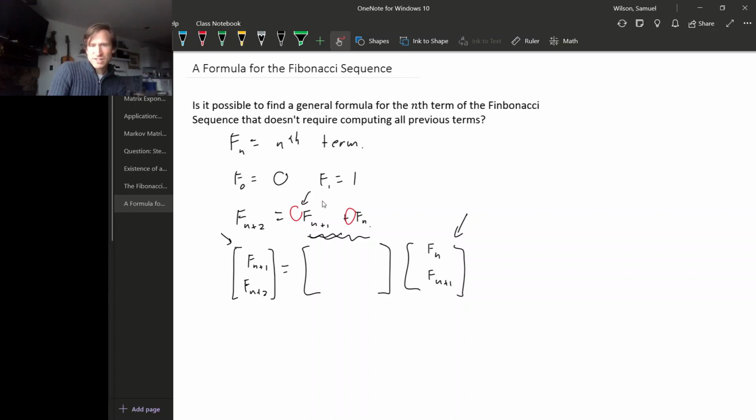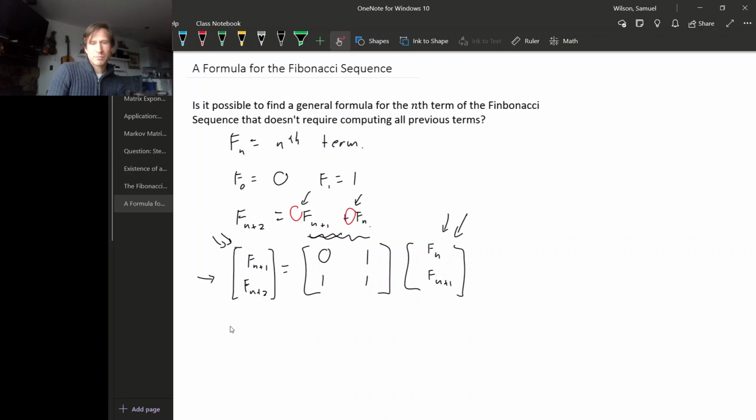So the coefficients here, those are 1s, so we need a 1 here and here. And now we need to write f sub n plus 1 as some combination of f sub n and f sub n plus 1. Well, f sub n plus 1 is 0 times f sub n plus 1 times f sub n plus 1. So here is an equation that lets us go from one position in the sequence to the next position in the sequence.